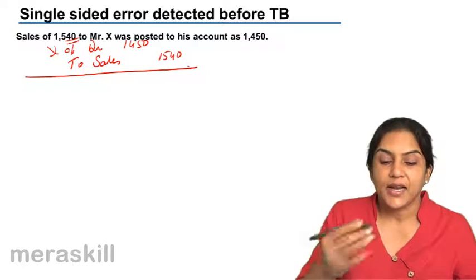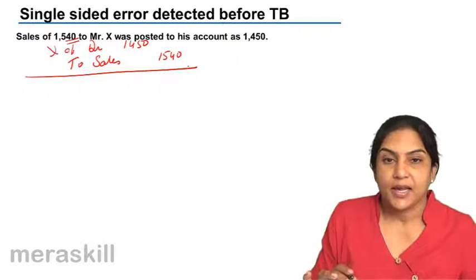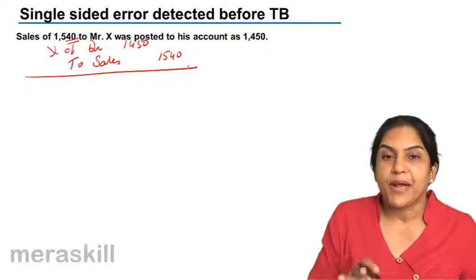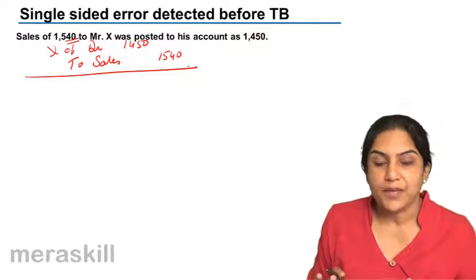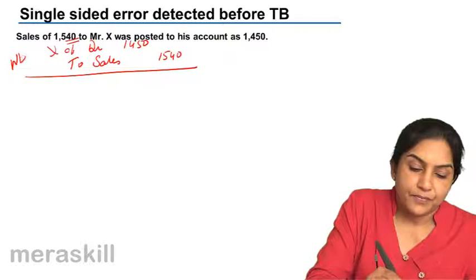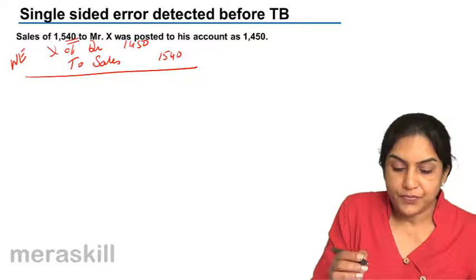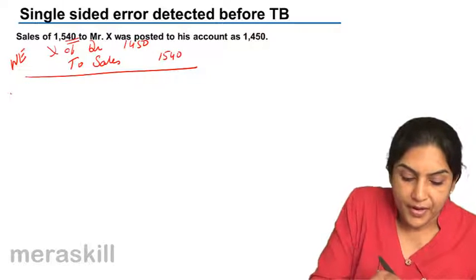Like I said, let us just cancel the wrong entry, pass the correct entry, and combine the two. This is the wrong entry.